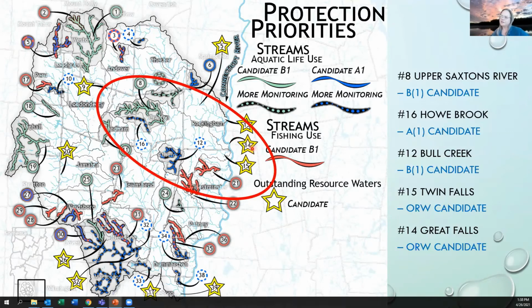This isn't on the Saxtons, but it's so close I put it in anyways, which is Bellows Falls, the Great Falls, because I'm putting those forward for an outstanding resource water, which is a different type of designation to protect waters, and I'll talk about that in just a minute. Isn't that Westminster, Twin Falls? Yes, but it's on the Saxtons River. Okay.